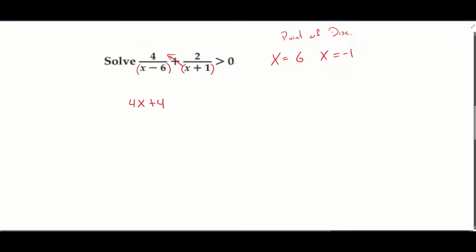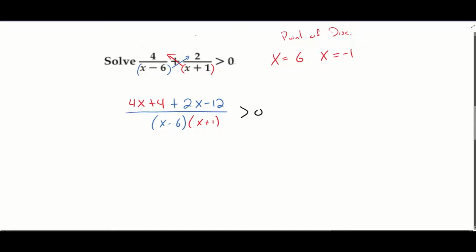And on the right side here, I'll color code this for you. The right side, I have, when I multiply these two over, I still have my plus in the middle, 2x minus 12, and then all over. Now, when I multiply these two, I'm just going to keep them together because it'll help me. And then we have the x plus 1. And then we still have greater than 0, right?